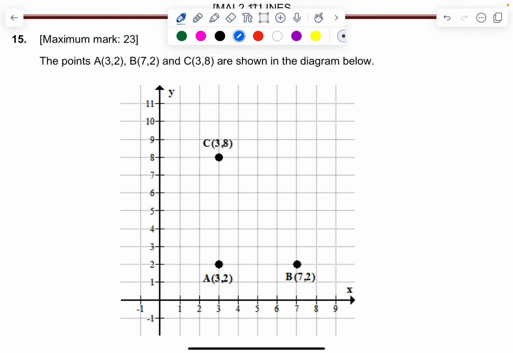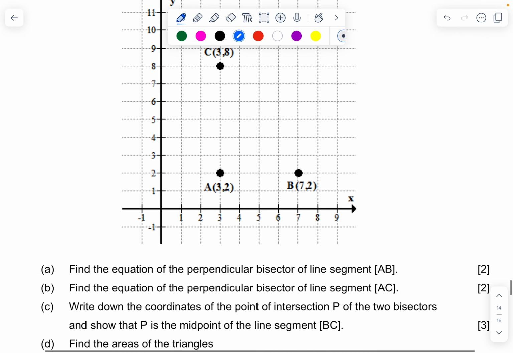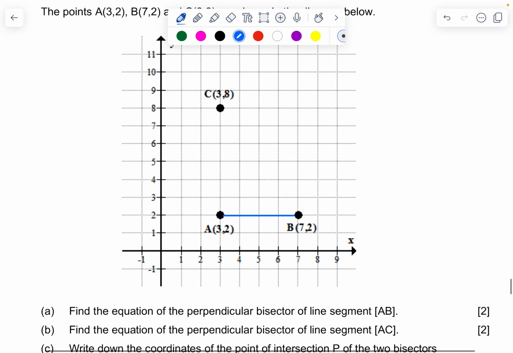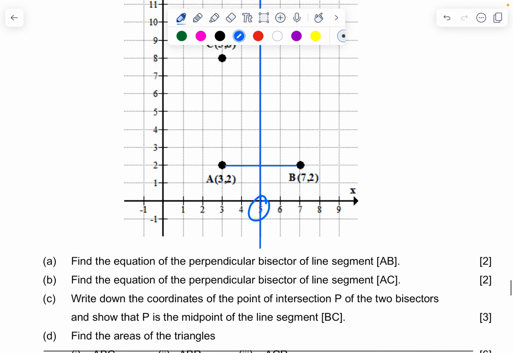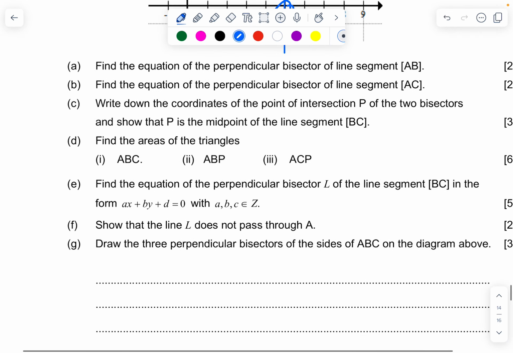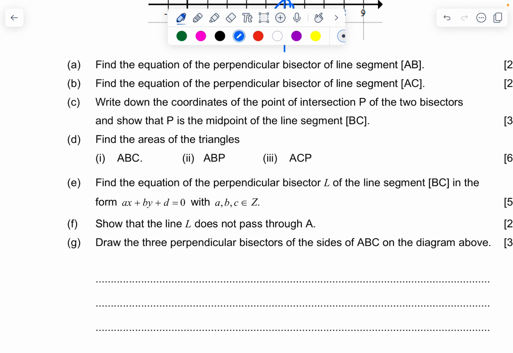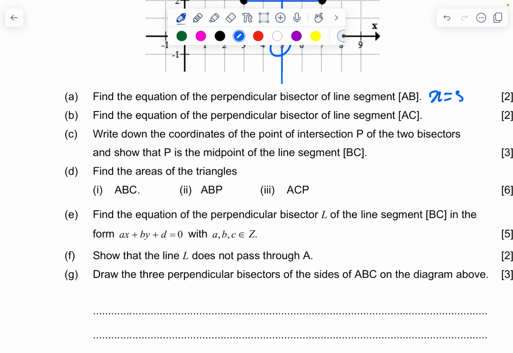Question number 15. The points A (3, 2), B (7, 2) and C (3, 8) are shown in the diagram. Find the equation of the perpendicular bisector for AB. AB is a horizontal line, so the perpendicular bisector is going to be the middle one, which is x equals 5.